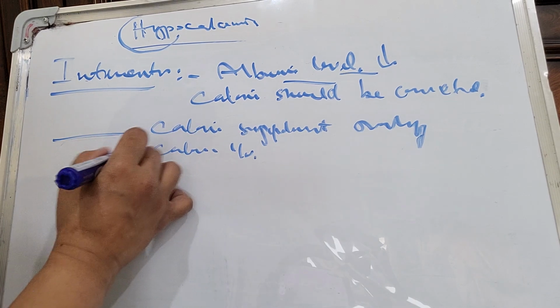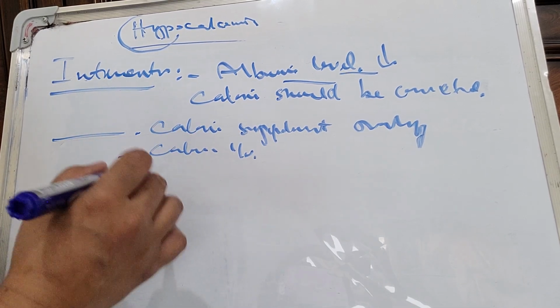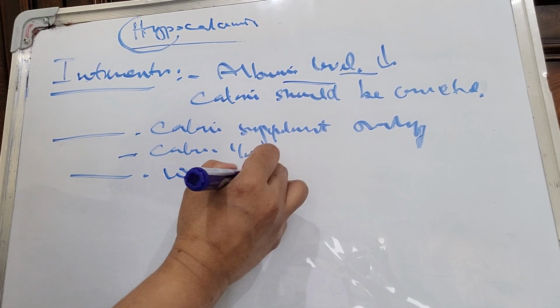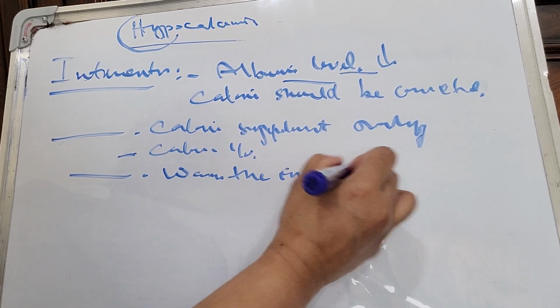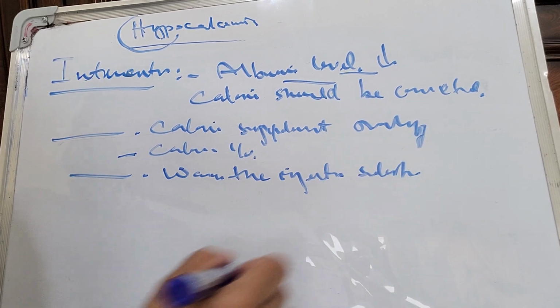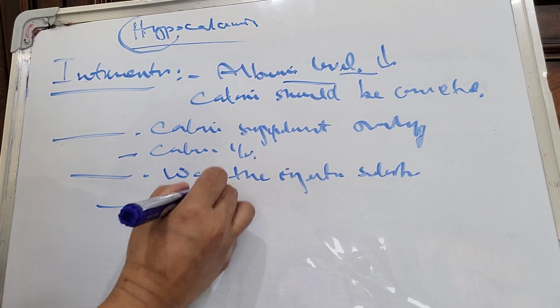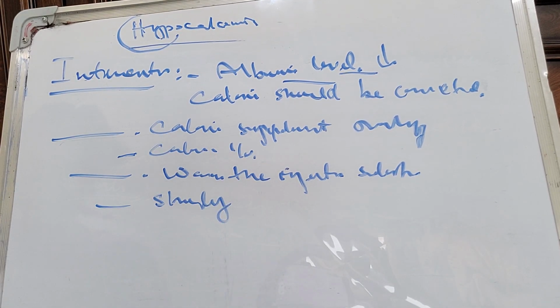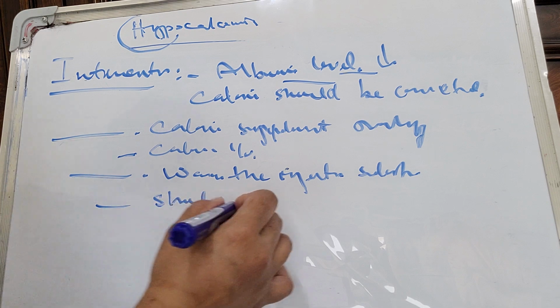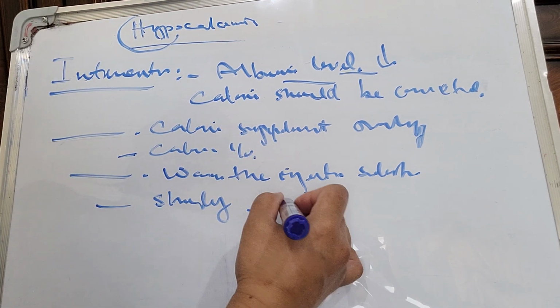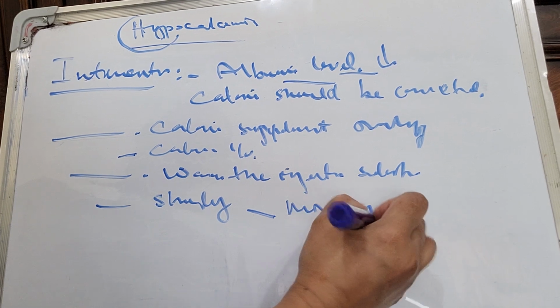Very important, whenever we give calcium intravenously, warm the injection solution to body temperature before administration, and administer very slowly. Monitor for electrocardiographic changes. Whenever we start IV calcium, always monitor ECG changes.